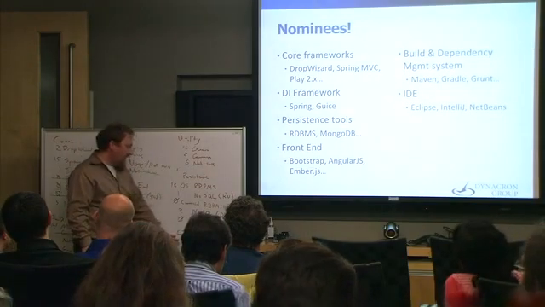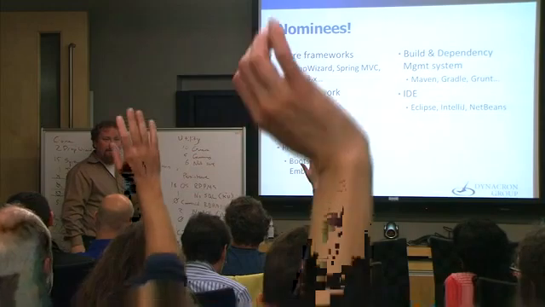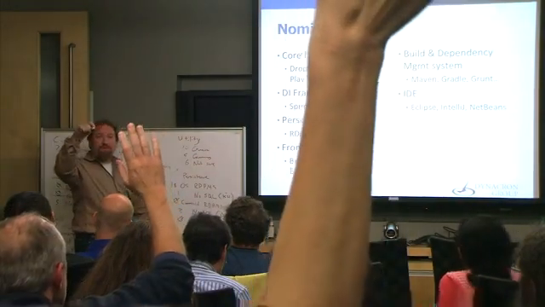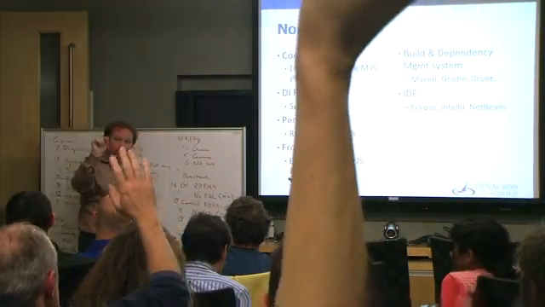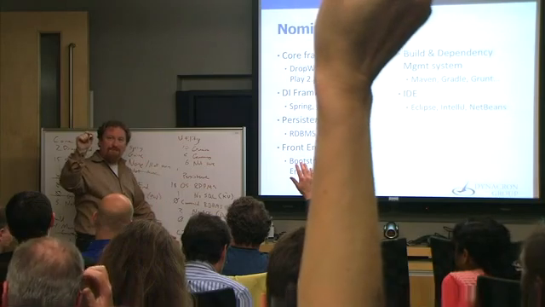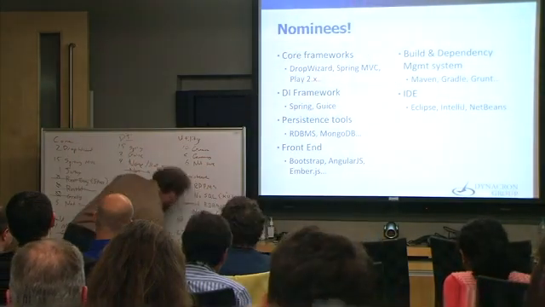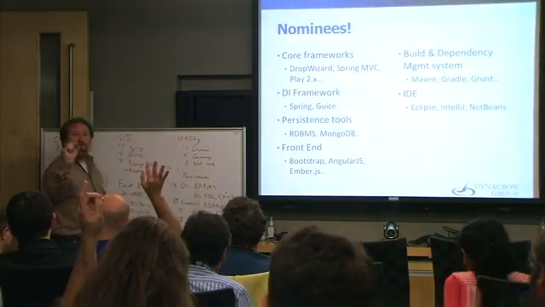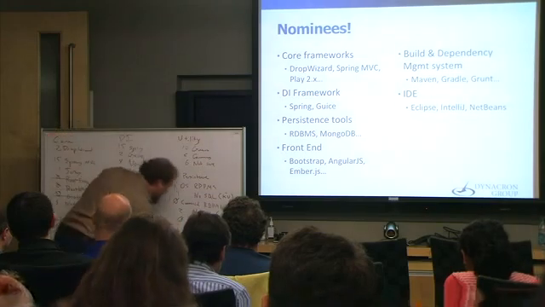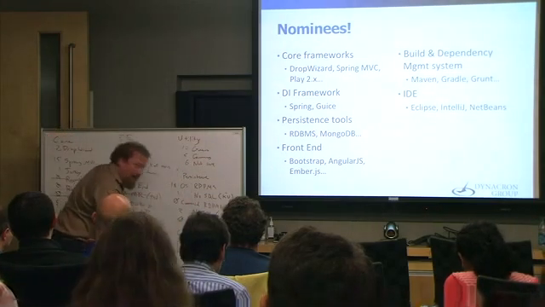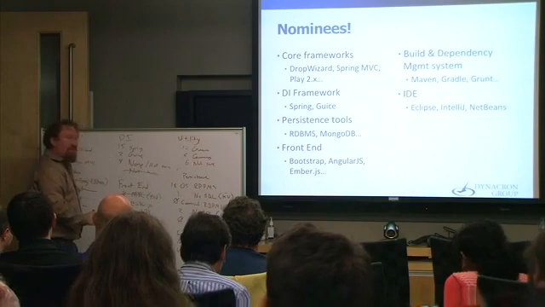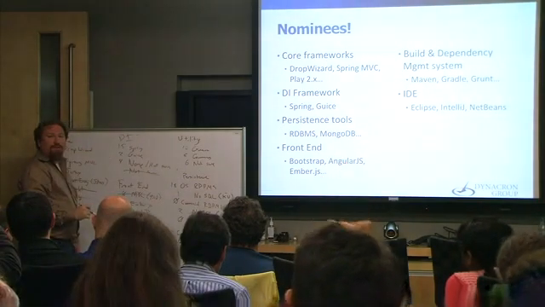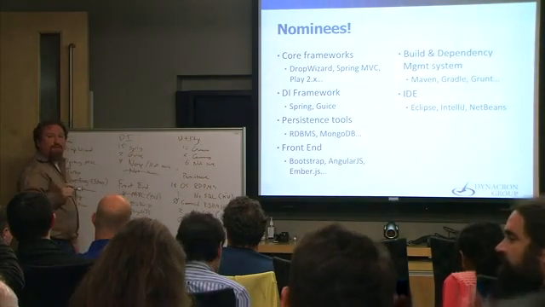Okay. CI. Jenkins? 1, 2, 3, 4, 5, 6, 7, 8, 9, 10. TeamCity. 1, 2, 3, 4. Okay. Bamboo? No. And don't know, not sure, don't care. I have another option, a new startup in Seattle called Shippable.